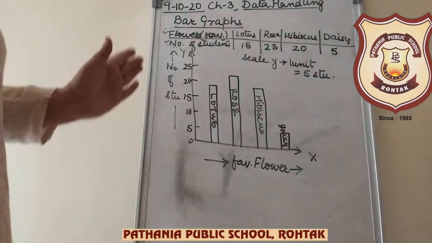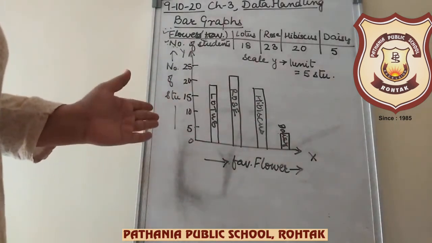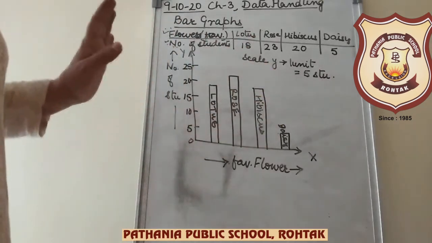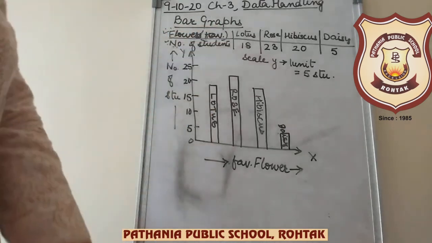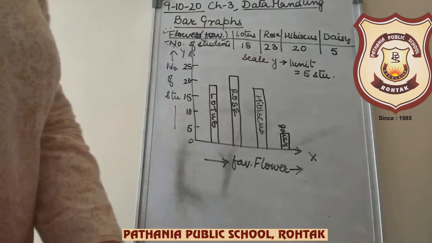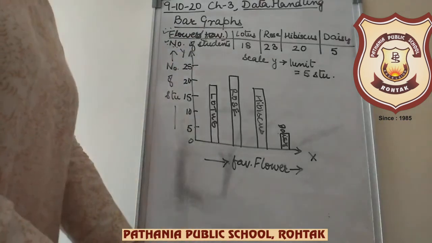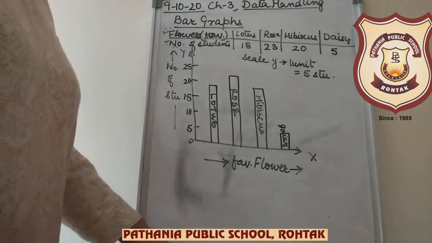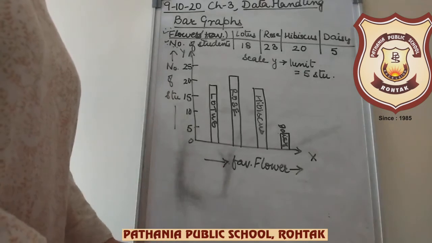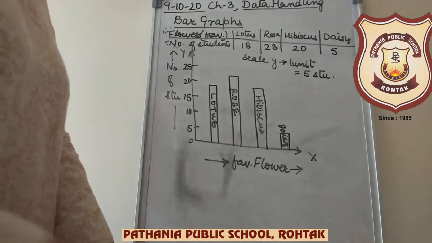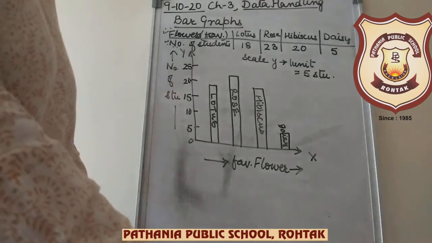Now a question can also come: how many students were there in all, the total number of students. Then you have to add how many students are there in the class by adding all these numbers. So in this manner you are going to write the answer.